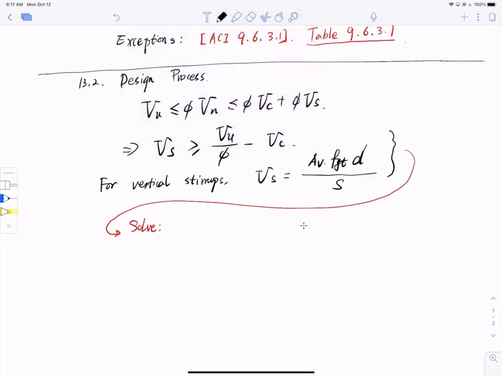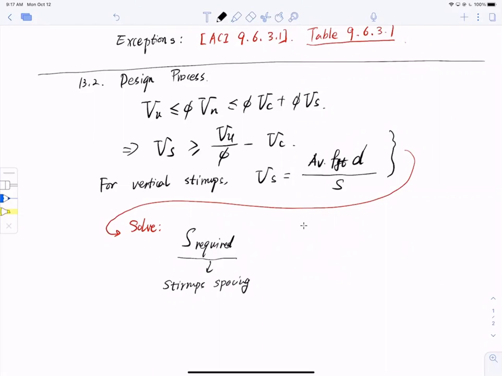But typically we solve for spacing. So s required, the stirrup spacing.